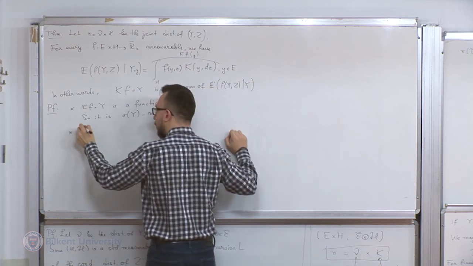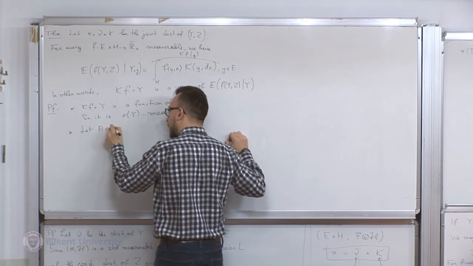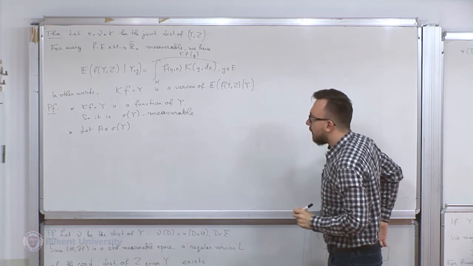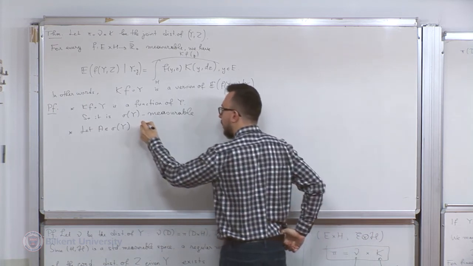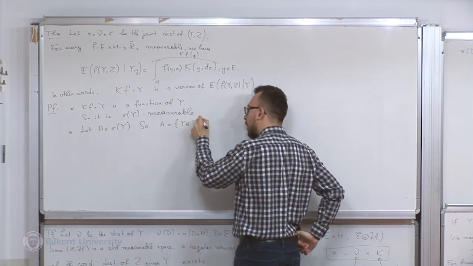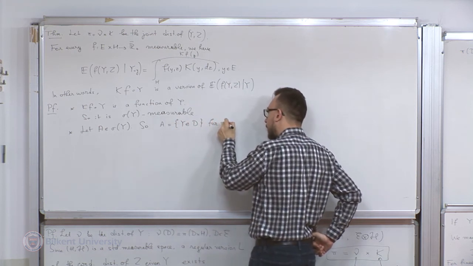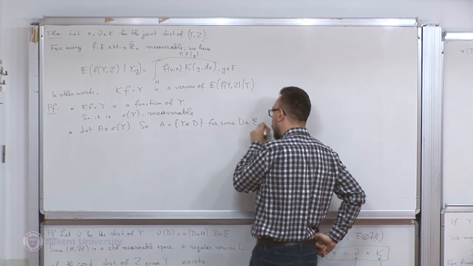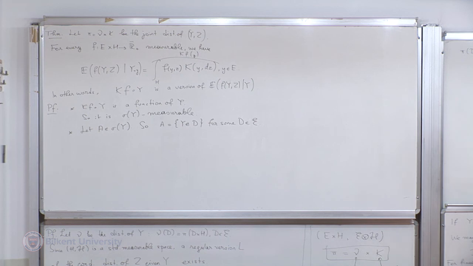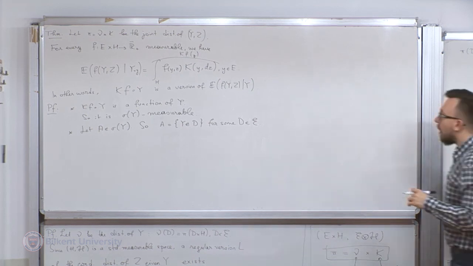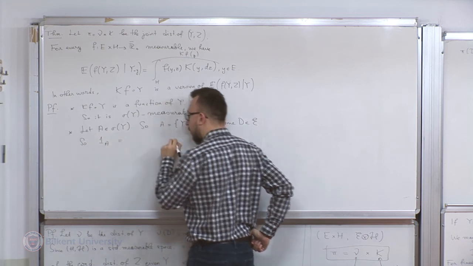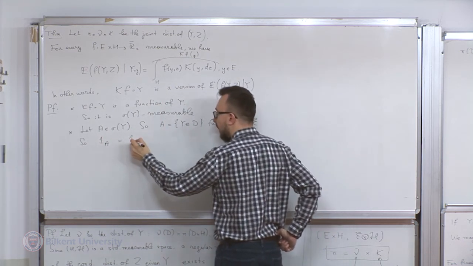We need to check the projection property. So we pick a set in the sigma algebra of Y, so it is of the form {Y in D} for some D, just by the definition of the sigma algebra generated by Y. So in fact, we have indicator of A is equal to indicator of D at Y.